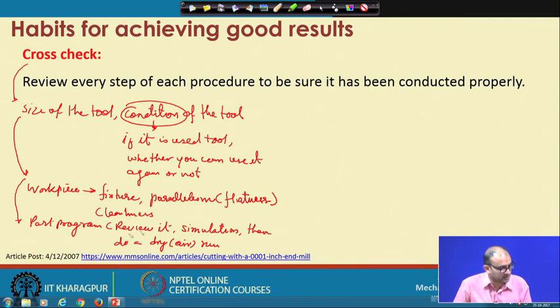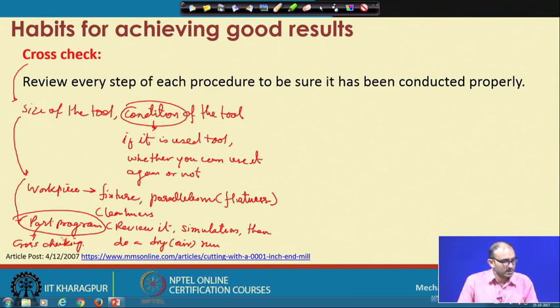That means you are not touching the workpiece, you increase the Z length a little bit and give one simulation of the tool, so that at least you can understand where the tool is moving. So, this is about the cross checking of the part program. And once everything is sure, then you understand that the setup related to the tool, workpiece and the part program is ready for the next stage.